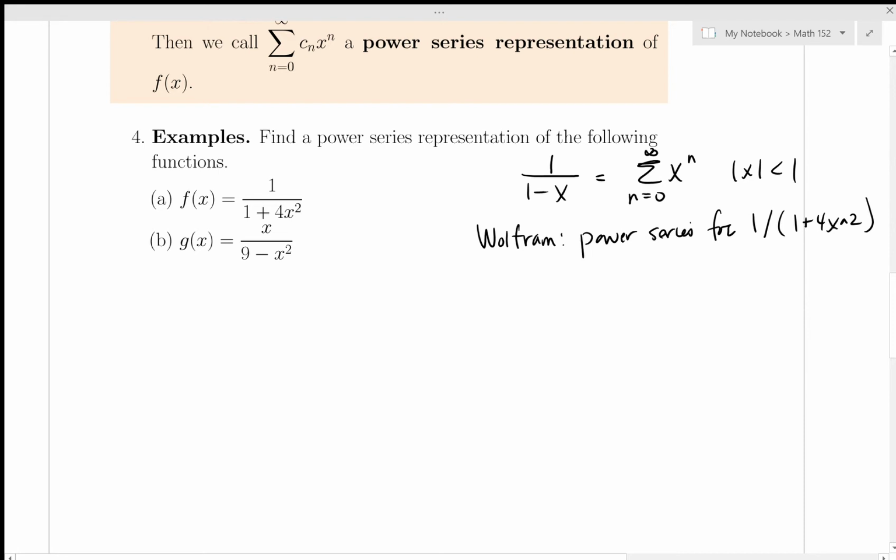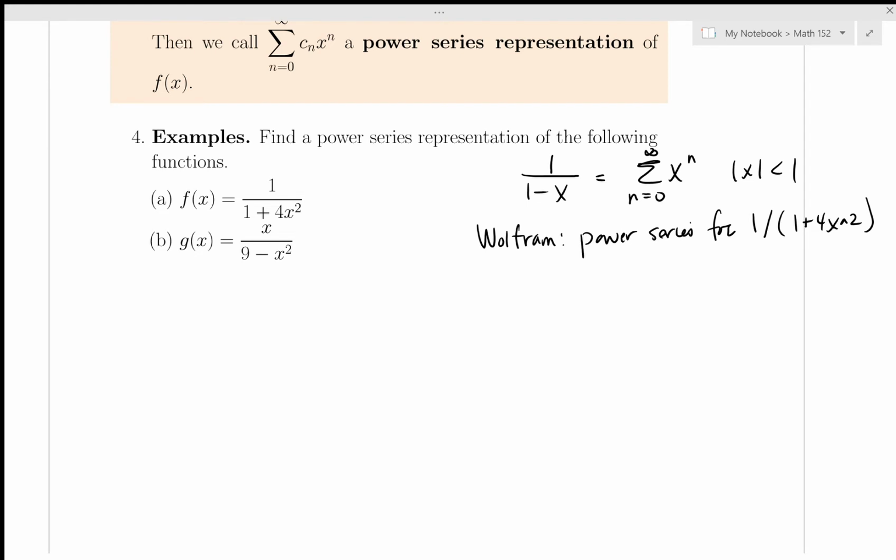That will give you the answer, and then you can check what you're doing. I'm a big believer in checking your answer. Right after you figure something out, you check, and then you're like, okay, I got it, or, oh, something went wrong, and then you sit there until you figure out what that is, and then you really learn something. So we're going to try to find the power series representation for part A, f of x.